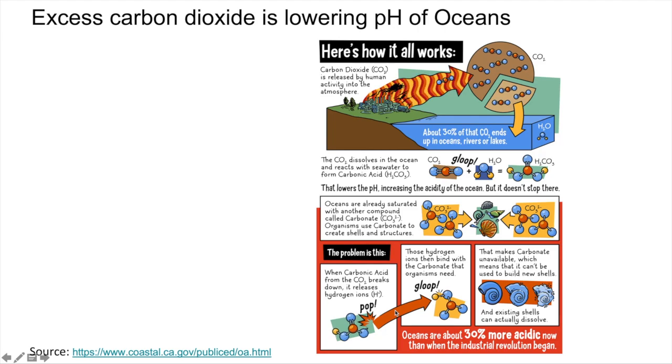So the hydrogen ions are going to move it away from these sea creatures, and if we don't have these carbonates available to them, their shells start dissociating. So that's another negative effect of global warming. And it also reduces the pH of the oceans, which is again not good.